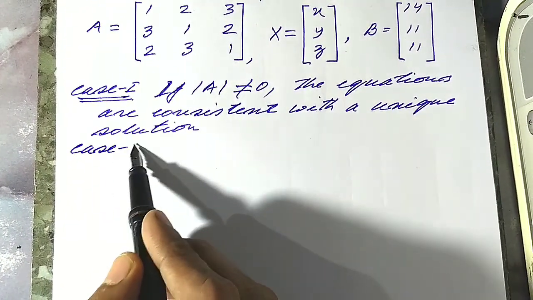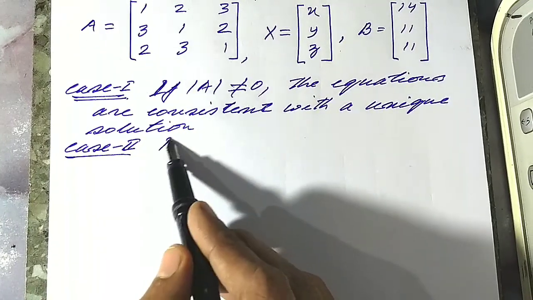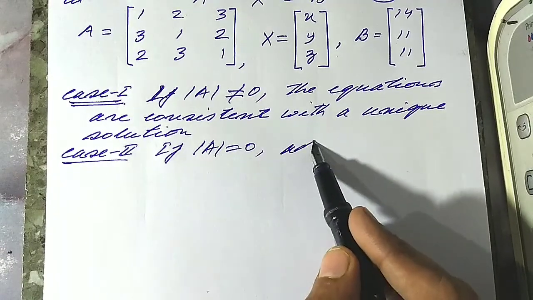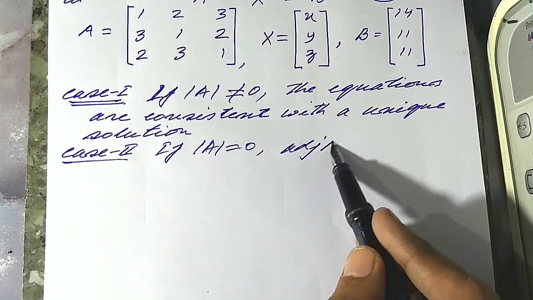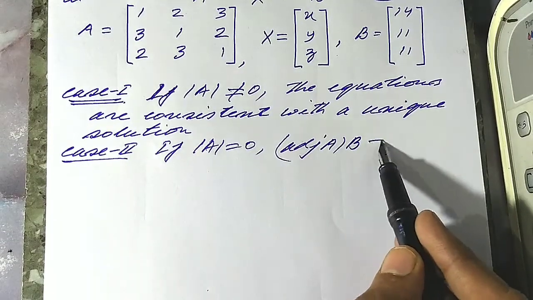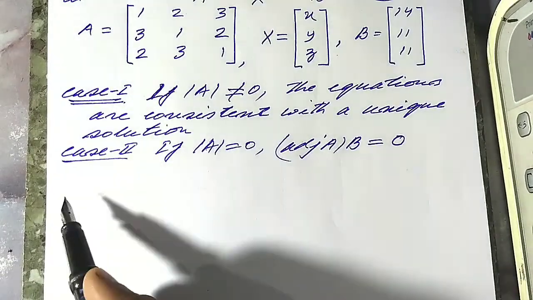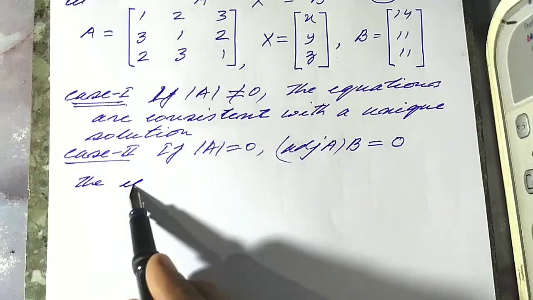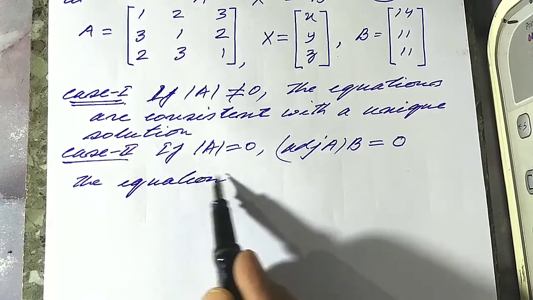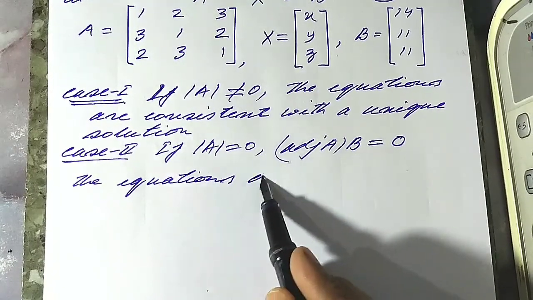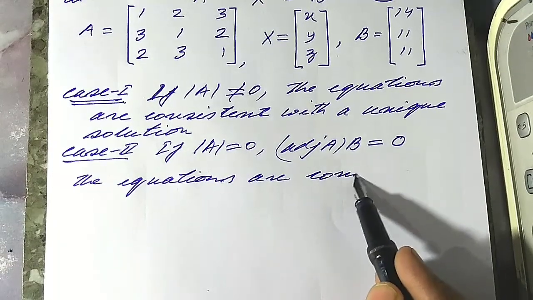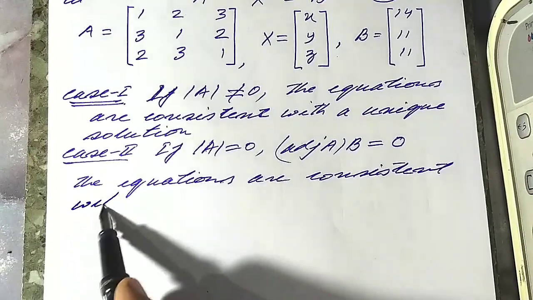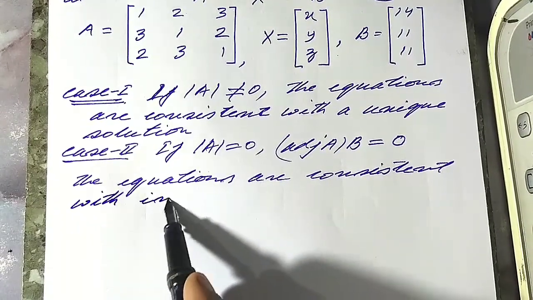And the second case: if determinant A is equal to 0, then adjoint of A into B must be found, and if it is also a null matrix, then the equations are consistent with infinite solutions.